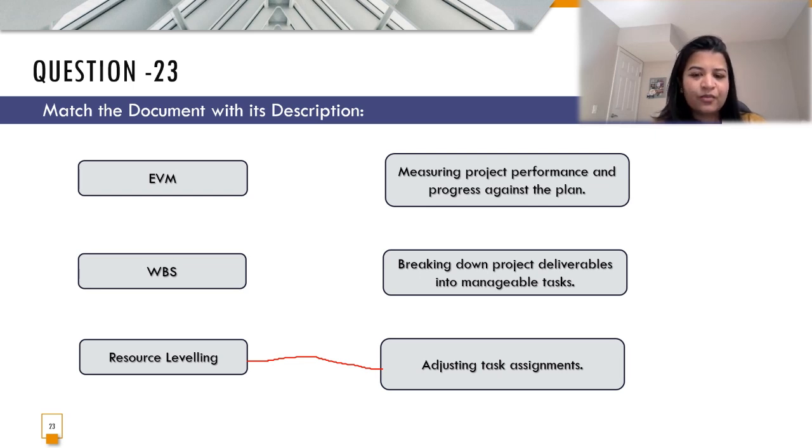WBS is the work breakdown structure, which is going to help us manage the task more efficiently by breaking it down into smaller chunks. So that's where I'm going to map it with breaking down project deliverables into manageable tasks. And EVM stands for measuring the project performance and progress against the plan.